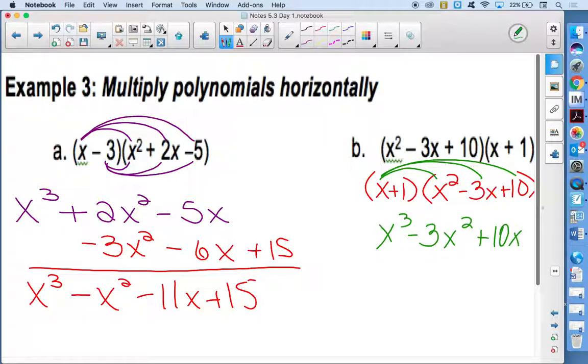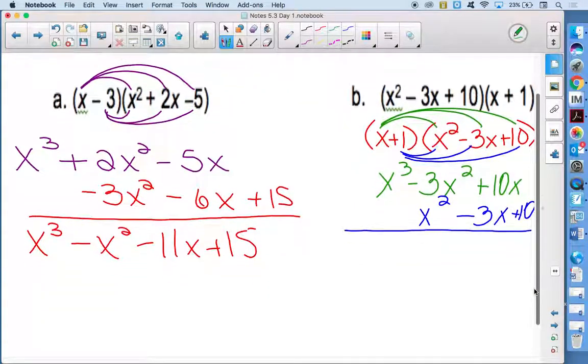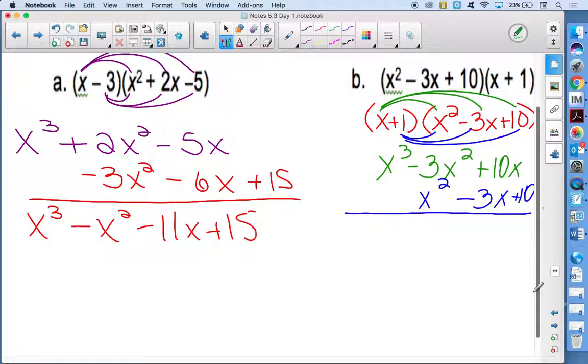That would be taking the x through. When we take the 1 through, we would have an x squared, a minus 3x, and then a plus 10. That's just taking the 2, flipping it so that the x plus 1 is in front.